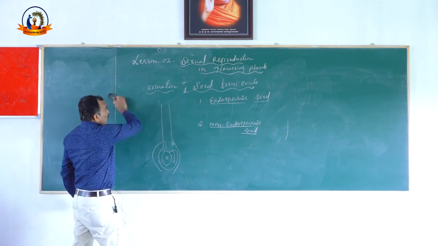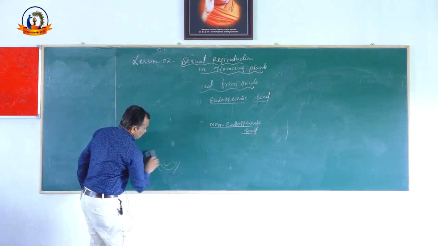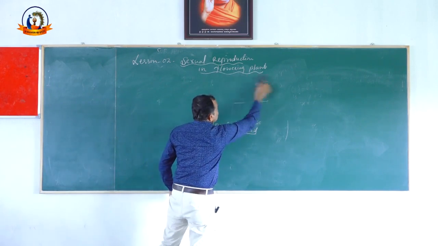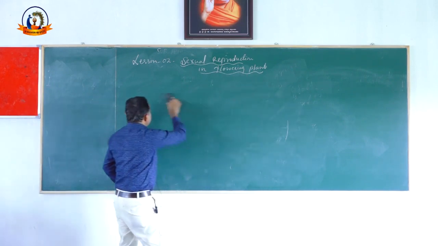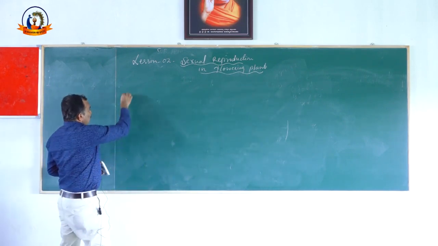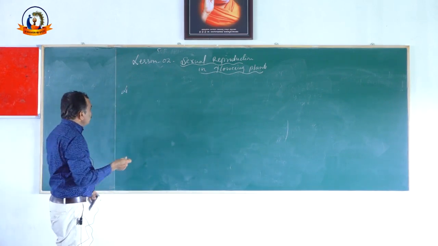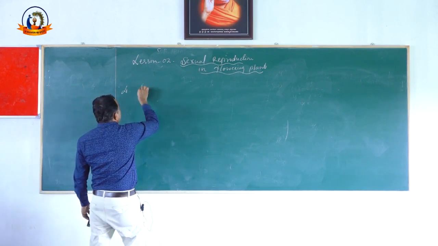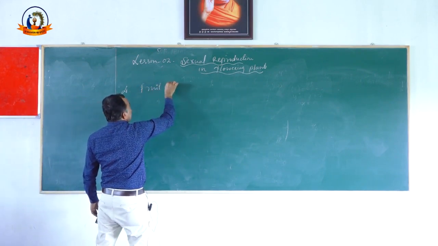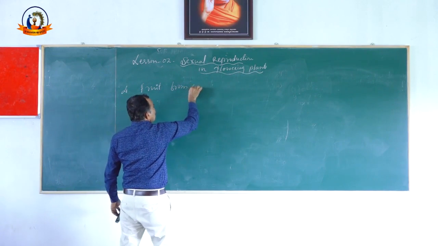See, the third post-fertilization event is formation of seed from ovule. And the fourth event of post-fertilization is formation of fruit from ovary.